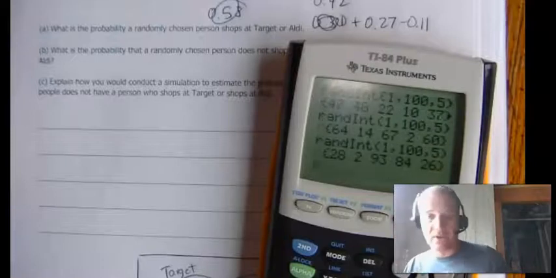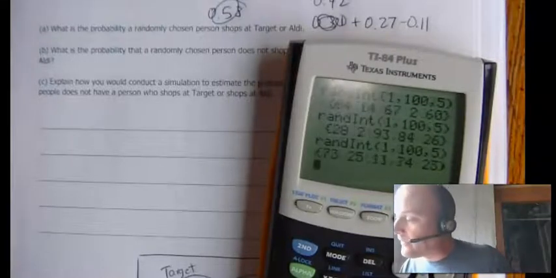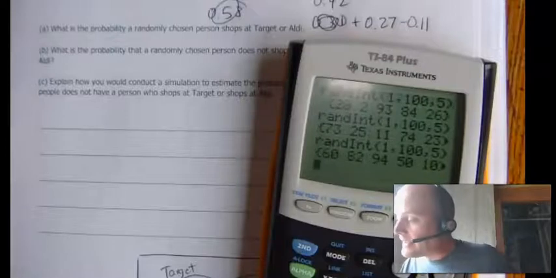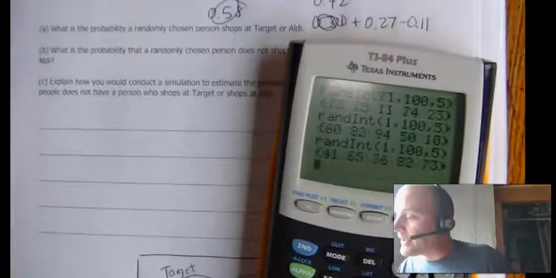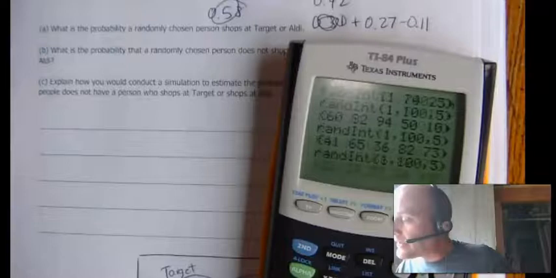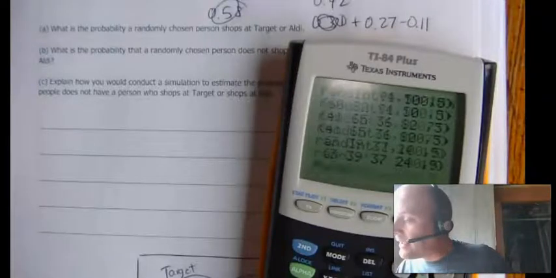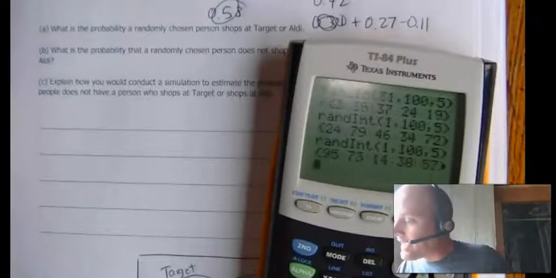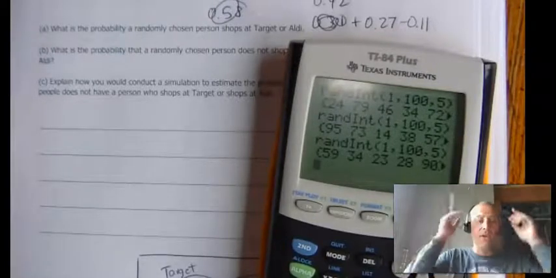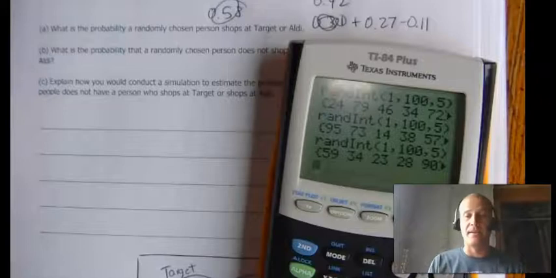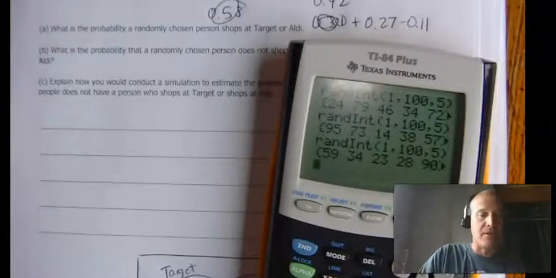What I'm looking for is a trial where no number is less than 42. You can see this probability is going to be pretty low, because even after about 12 trials, I have yet to find a sample that doesn't have a 42. But that gives you the idea, right? So you'd have to describe that process in terms of how to run a simulation.